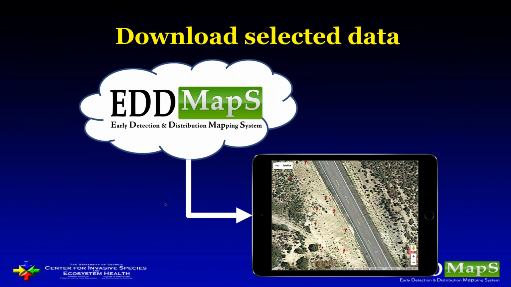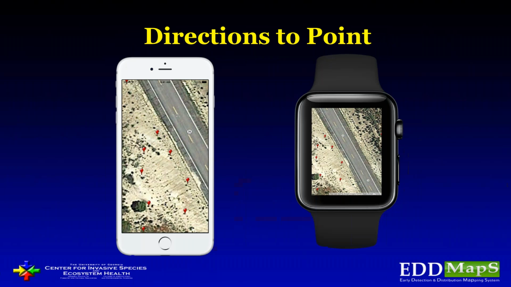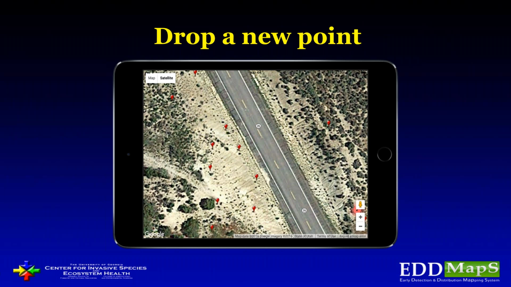You download all of the data from EDDMapS from up in the cloud over to your tablet or device, and then you'll be able to see everything that is currently there, as well as add new points to the map.